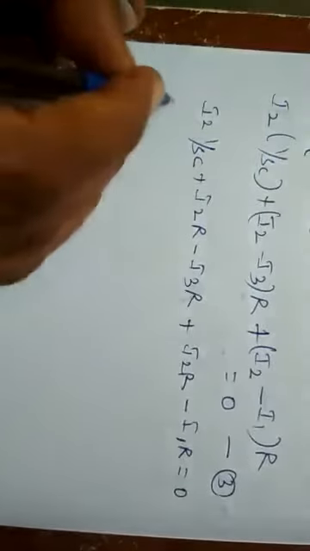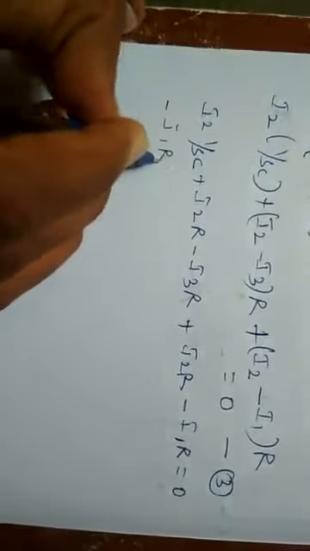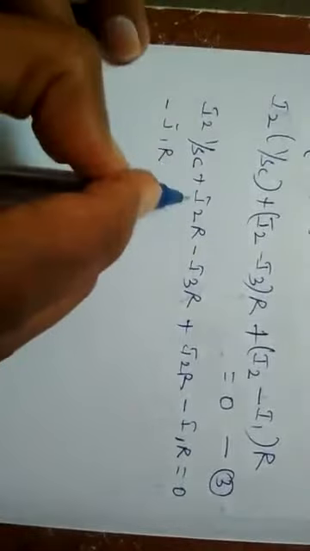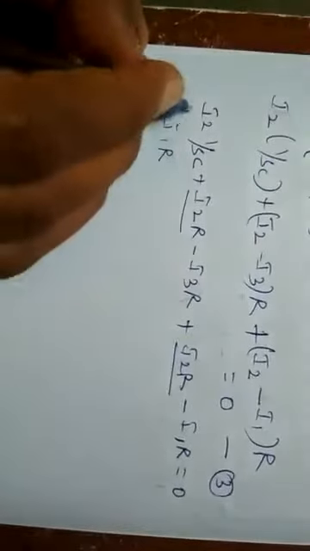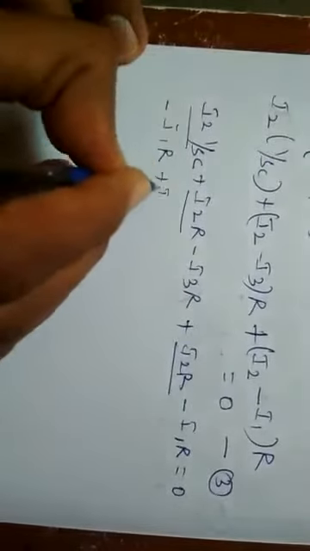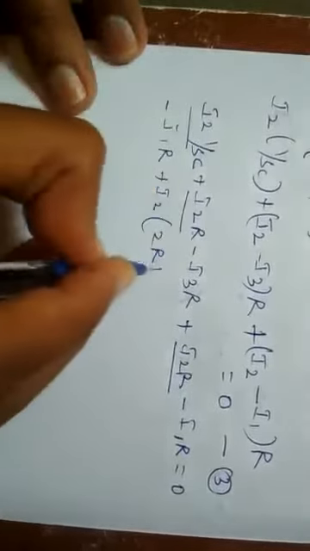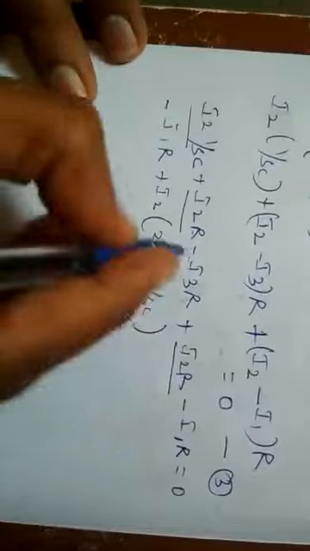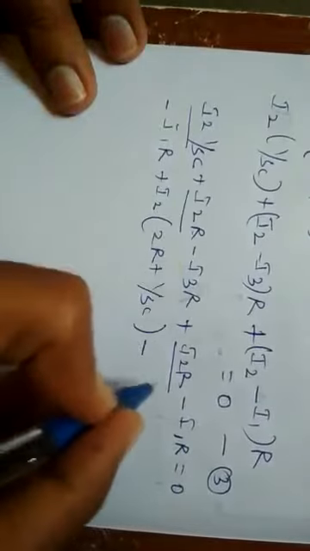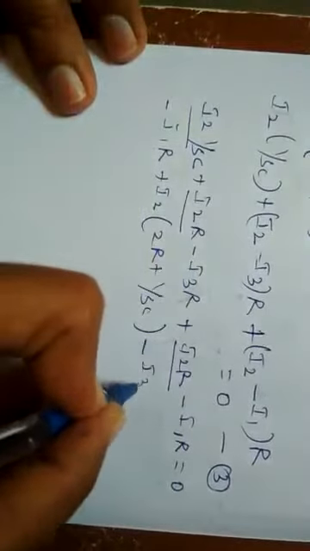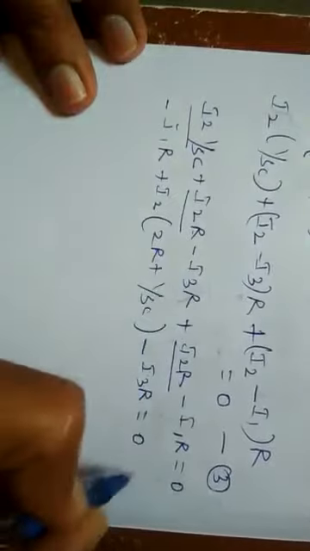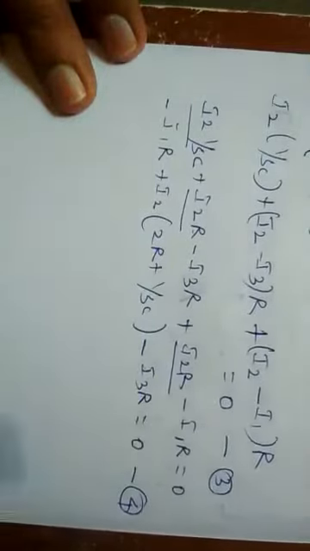Only one I1 is there, so minus I1 into R, and I2, take I2 common, R plus R, 2R plus 1 by SC, and we have one I3, so minus I3 into R will be equal to 0, equation 4.